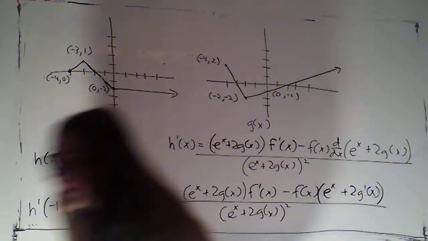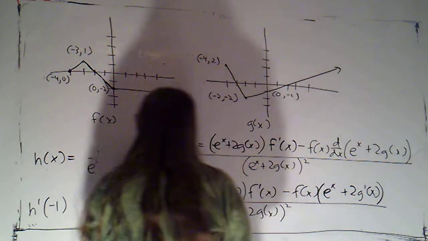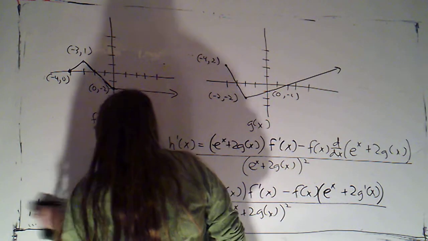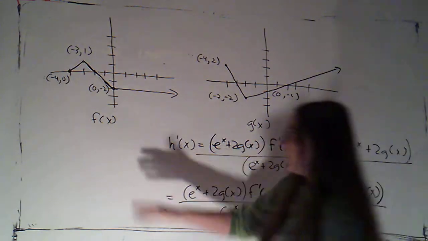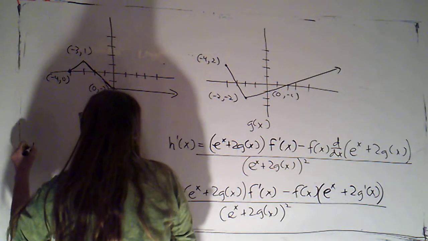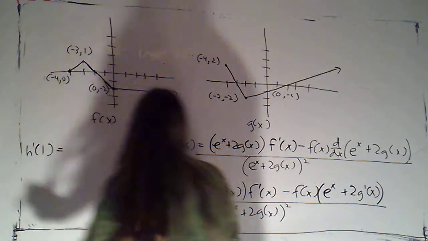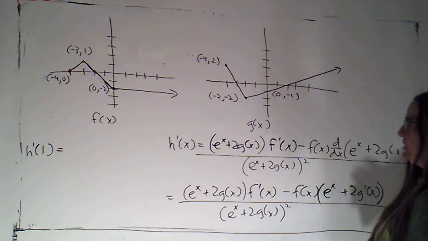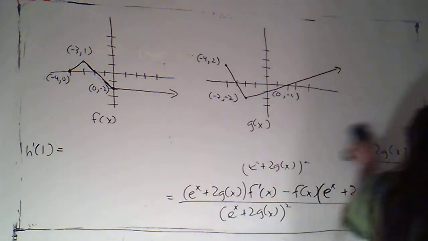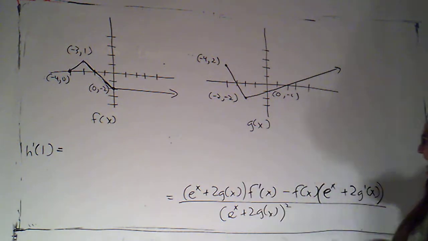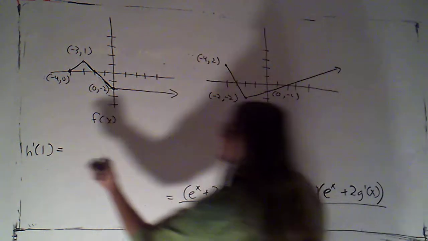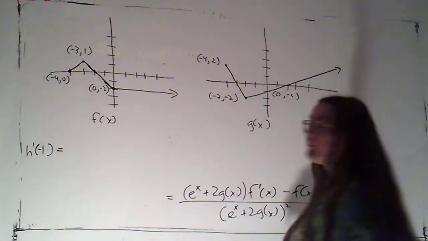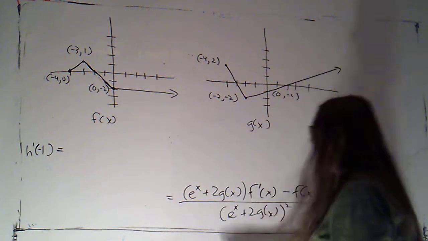I don't want to erase my pictures because I need them to read off some values, so I'm just going to bump over here. H prime of -1 will equal, and I think I'll erase this top line too, I'm going to copy this formula, but replace all of the x's with, oh, I'm sorry, we wanted -1, didn't we? I'm going to replace all the x's with -1.